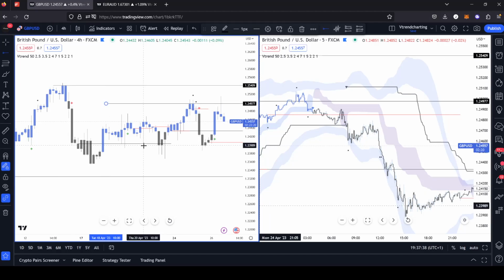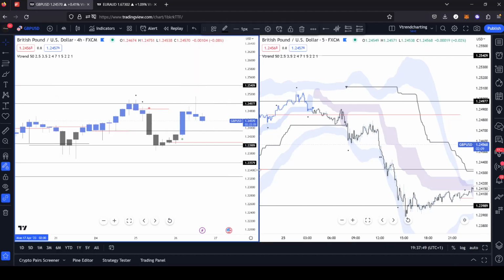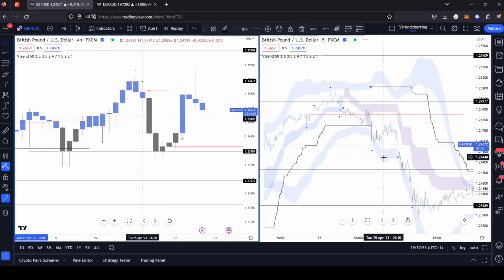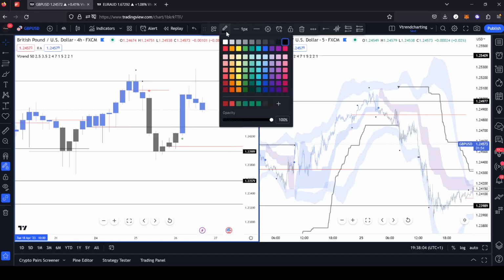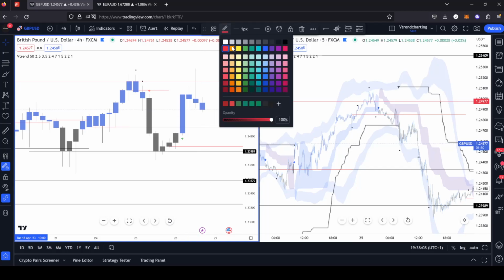So let's mark out some levels very, very quickly. That should be useful enough. So the ones we're going to be really looking at are these ones here. Let's change the color to help us identify them.